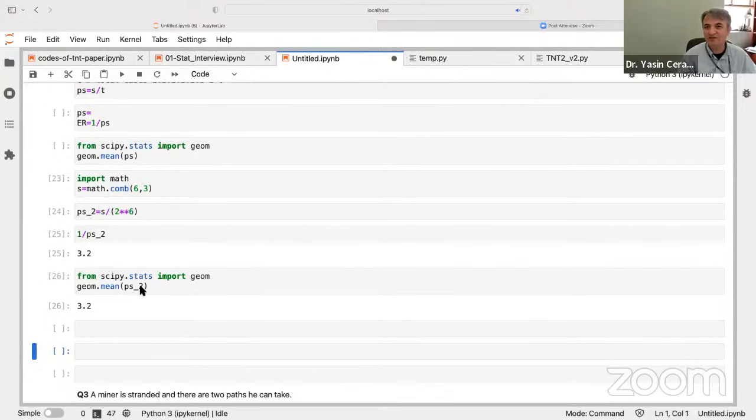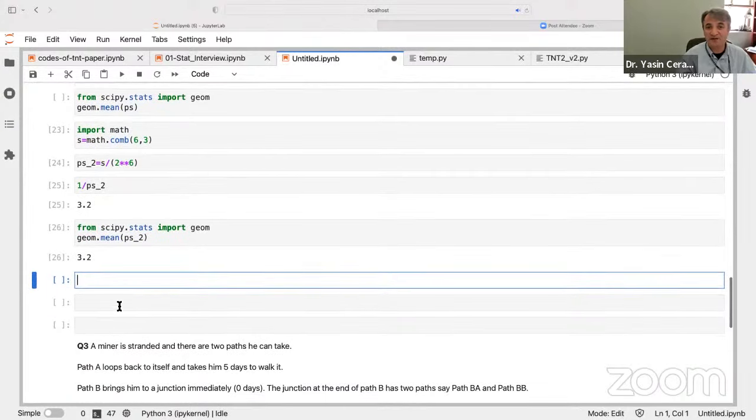I like simulations. Simulations will give you a lot of insights. By the way, there are questions: why is it geometric here, as in the first problem? Remember, with the geometric distribution we are looking at the number of trials it takes to get the first success or failure, depending on how you define success and failure. So that's the geometric distribution.